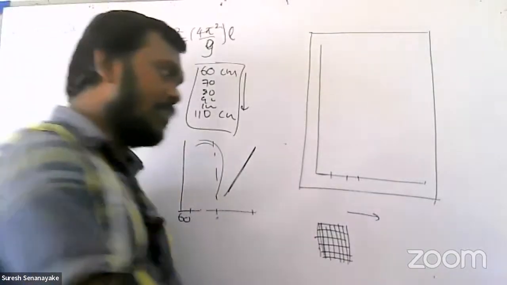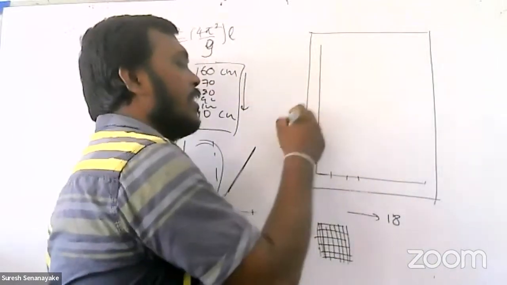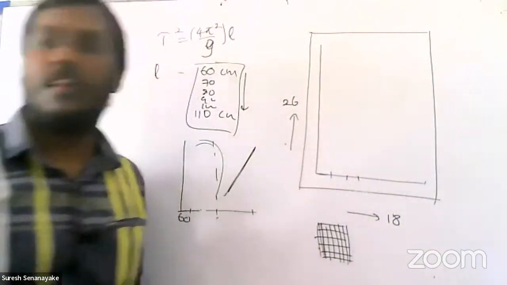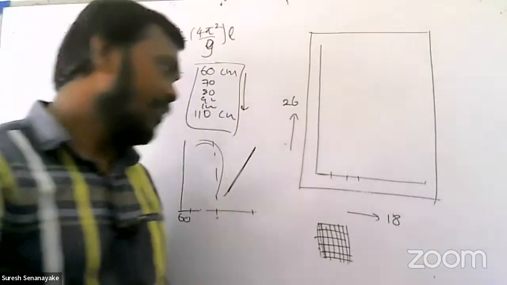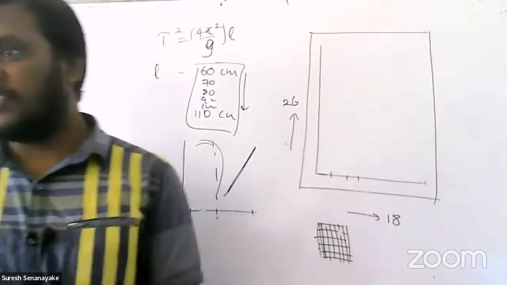To this side there are 18 and this side there are 26. Then this data range you need to represent by this 18.